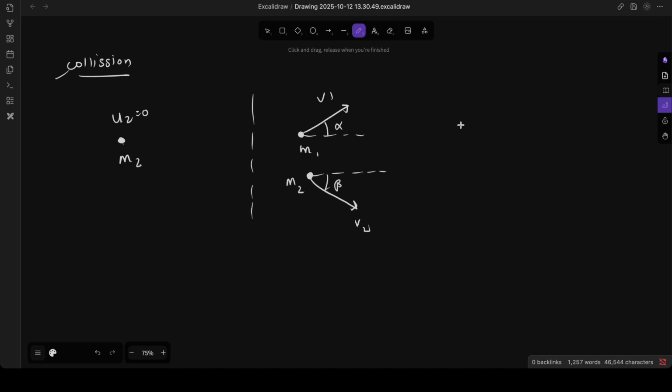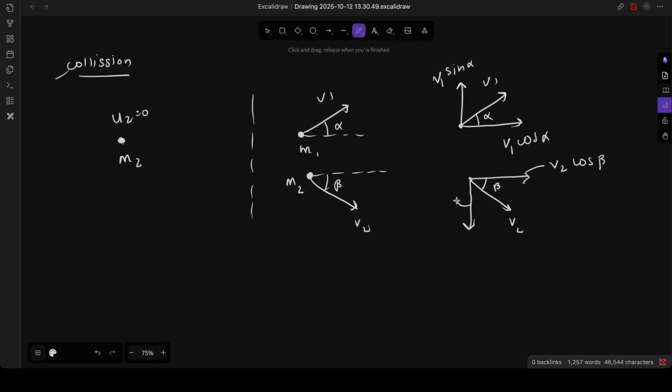So for v1, my components would be v1 cos alpha, and v1 sin alpha. v1 cos alpha is the horizontal, v1 sin alpha is vertical. You have to remember which is horizontal and which is vertical, because that is the main thing here. And here the angle was beta and the velocity vector was v2. So this is v2 cos beta, and this is v2 sin beta.